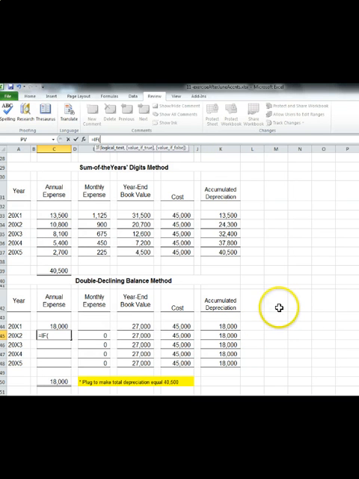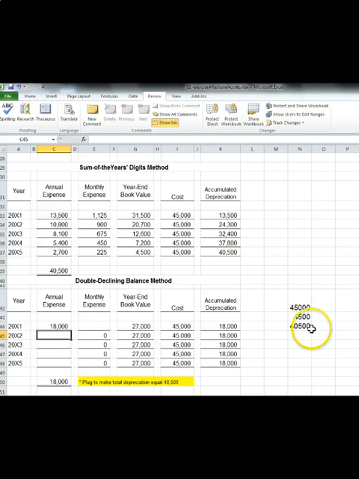So, matter of fact, I don't have it on here. Let's show our cost of $45,000 and then salvage of $4,500, and then I'm going to get the amount to be depreciated to be $40,500, and I'm going to use that here in my formula.